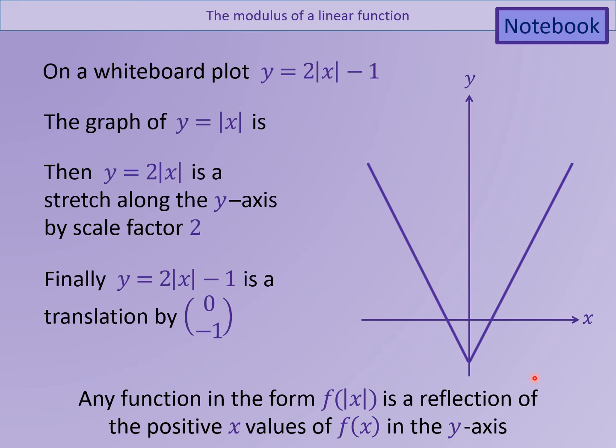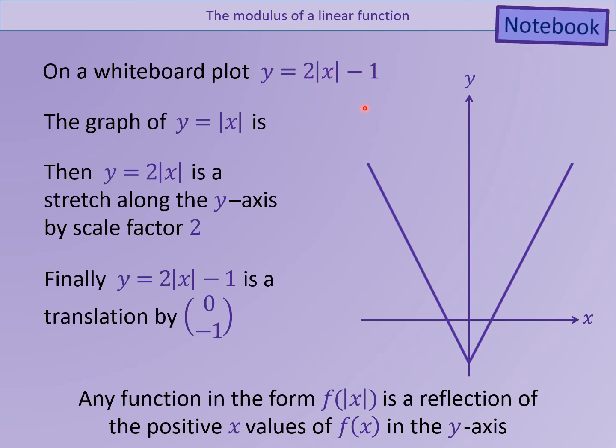Any function of the form f of mod x is a reflection of the positive x values of f of x in the y-axis. Right, so I think what that's saying to you is that any function that has the modulus function around the x is always a reflection in that y-axis. So you can see that there. It doesn't matter what all these other bits and bobs do.